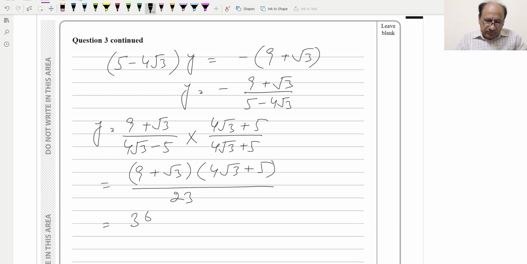So 36 root 3 you can write, and 5 into 9 will be 45, plus 4 into 3 under root, you can use calculator to multiply, and this will be 4 3s are 12, and plus this will be 5 root 3, and this will be divided by 23.